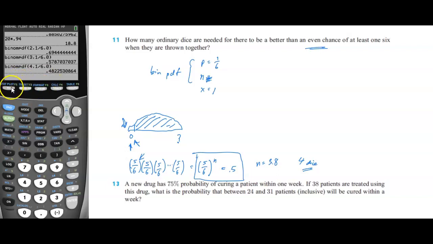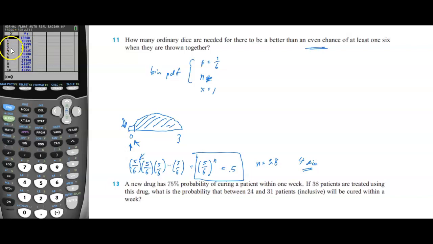How would you do this with the table? You could put the bin PDF function here. You could do second distribution, binomial PDF, and you would put trials, x, 1/6, x, 0, and then this would put all the values in for binomial PDF, and you could see the same values we got when we did it manually.